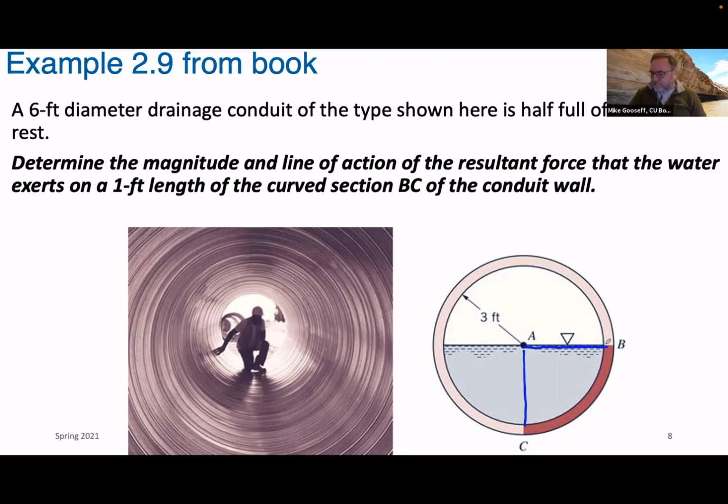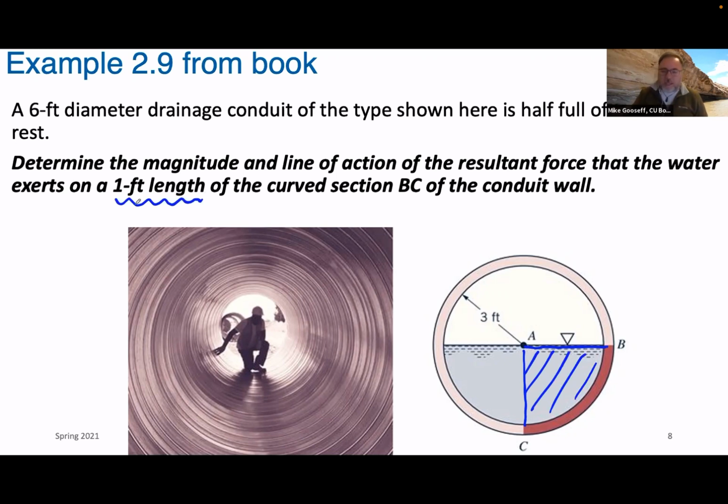When we say 1-foot length, that means into the page, or out of the page. So we can look at a 2-dimensional area here, and to make it 3-dimensional, we just multiply by 1 foot.